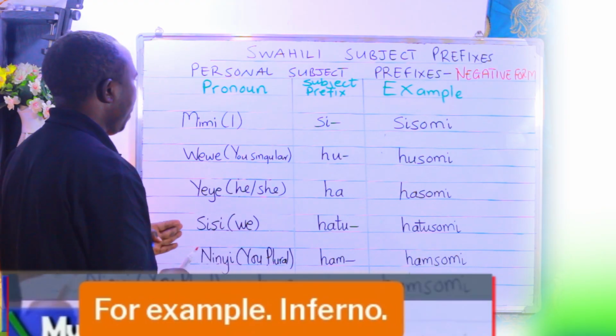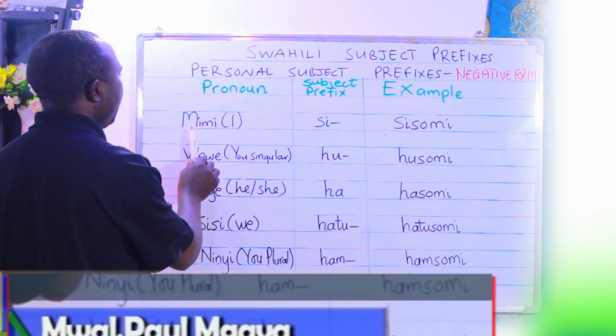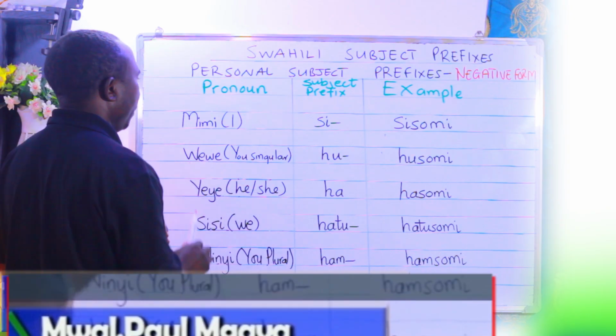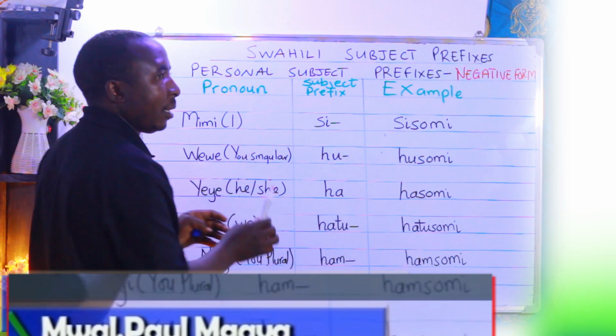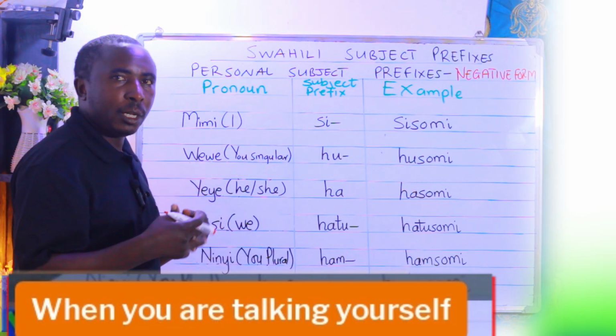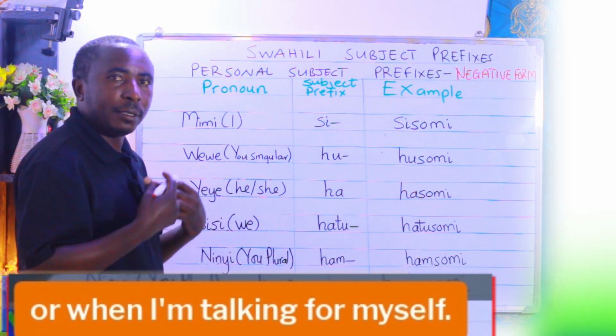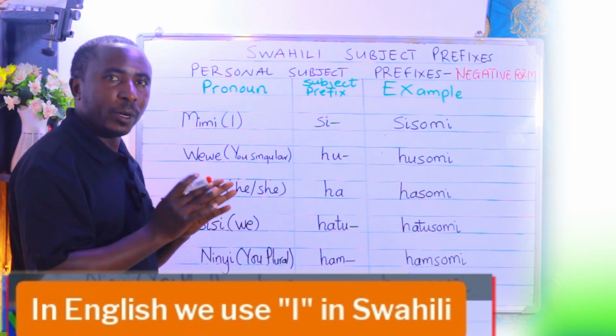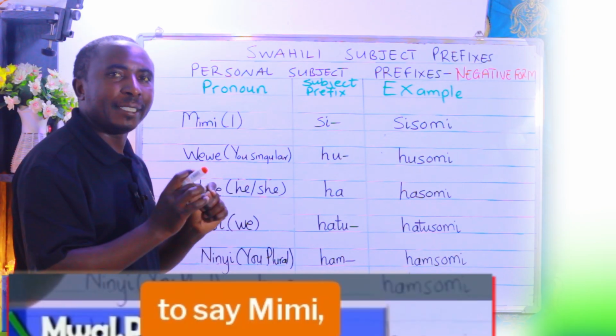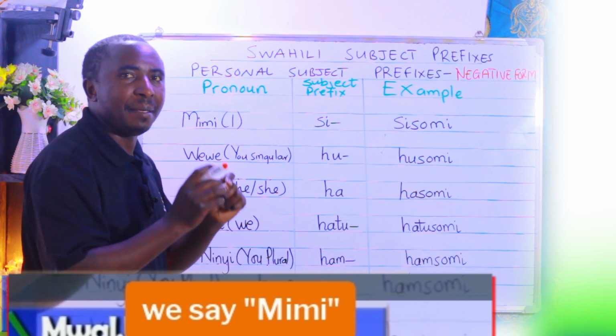Okay? For example, mfano, mimi. In English we say I. When you are talking for yourself, in English we use I. In Swahili we say mimi.